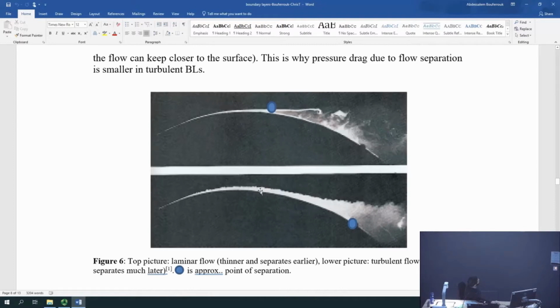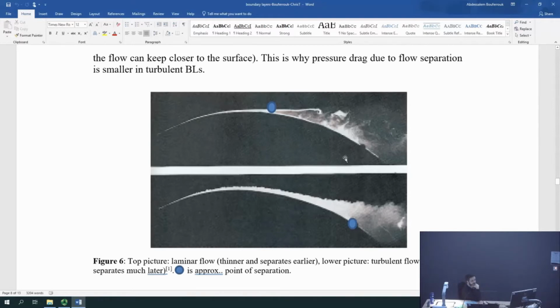Here, hopefully you can see, the boundary layer remains attached for a much longer distance, and it only starts separating much further at the back. So between the two cases, this has a high pressure drag, this has a low pressure drag, but more likely this has a high skin friction drag anyway, compared to this. So it's kind of, what's the best thing?